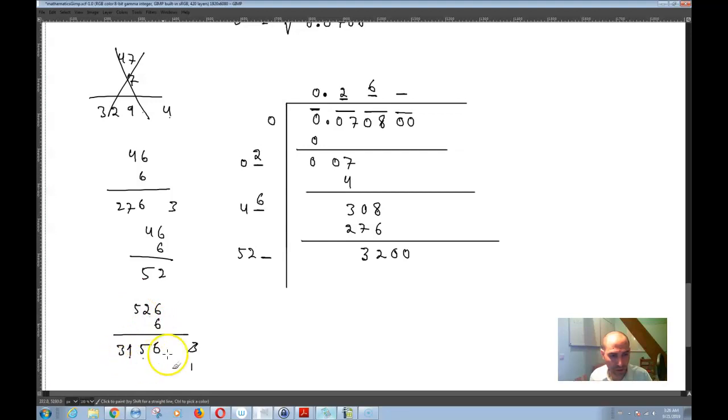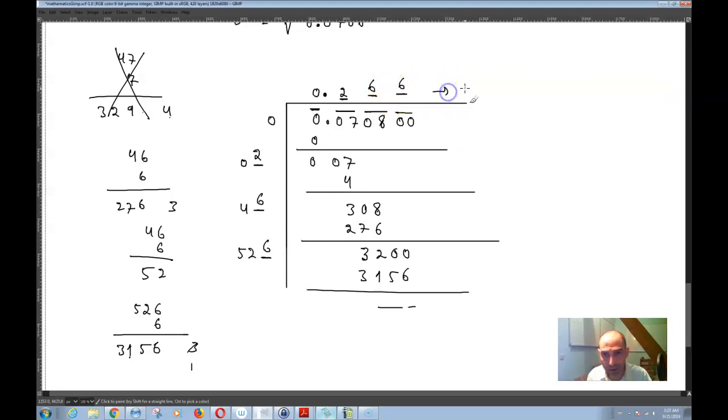And if I go higher than that, the number will not be acceptable. So I have to go with 6 and 6 here, and then 3, 1, 5, 6, and then you will get some remainder, and again the same thing, and so on and so forth, which is exactly the value that we got from the calculator, 0.26608269, and so on and so forth.